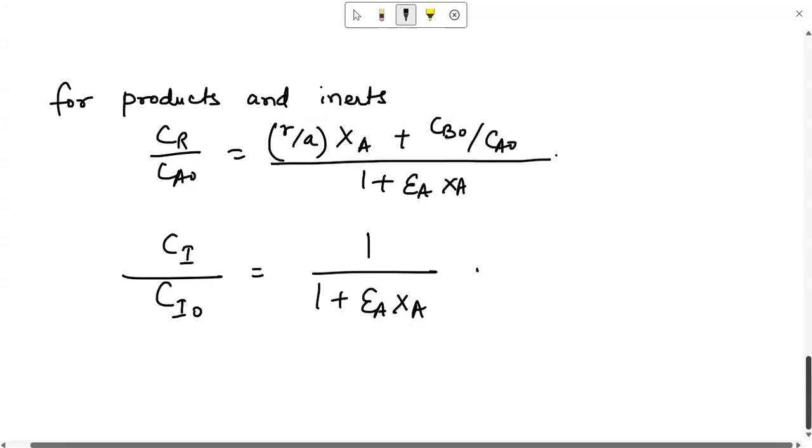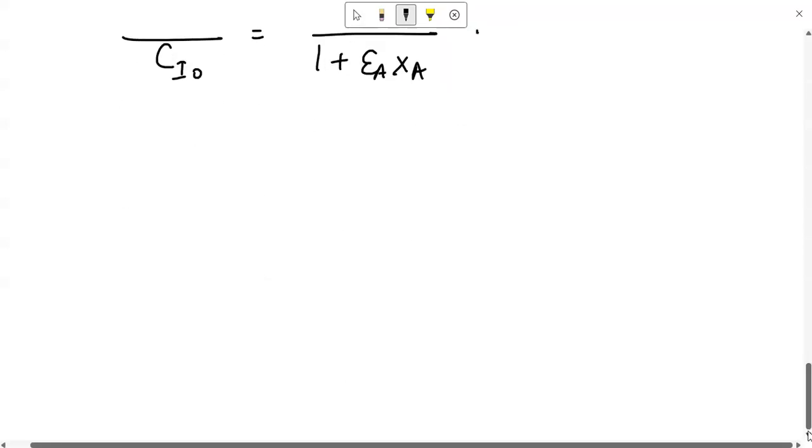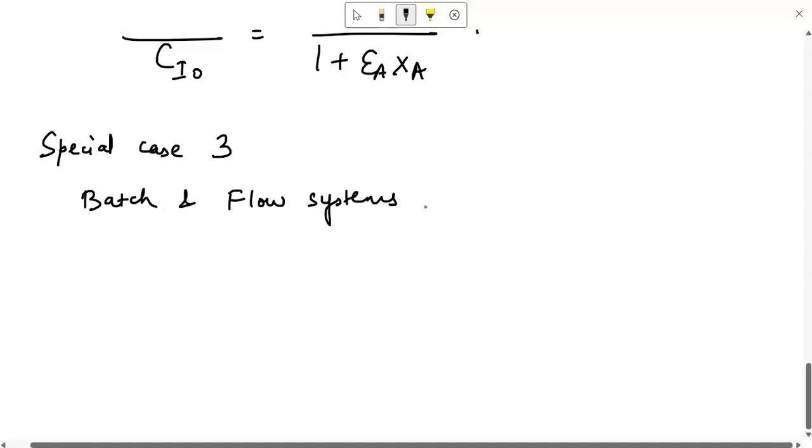Now we'll go to the third case, the last case, special case number 3, where we study batch and flow systems of gases in general.